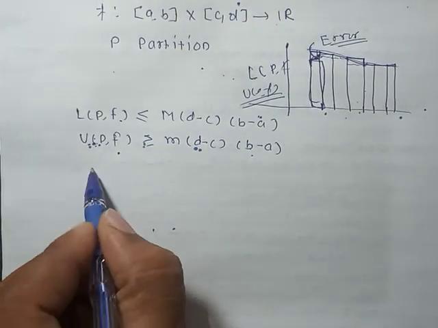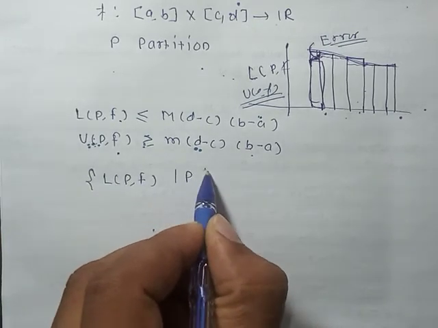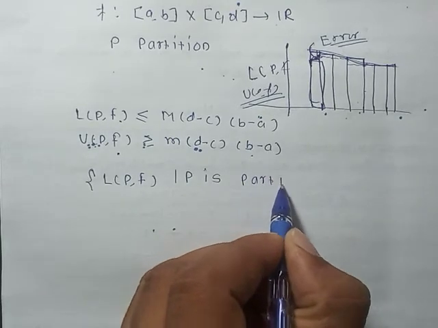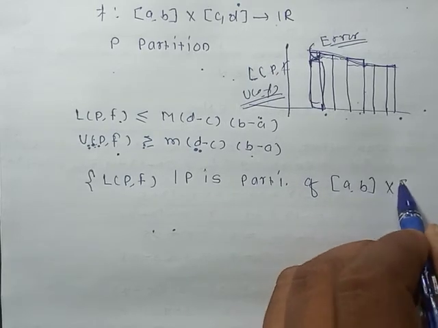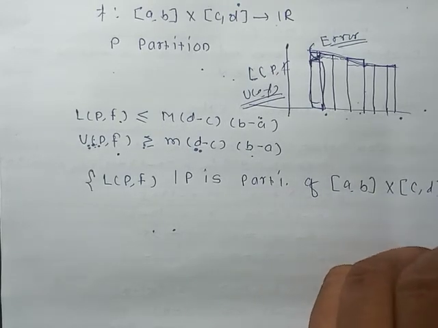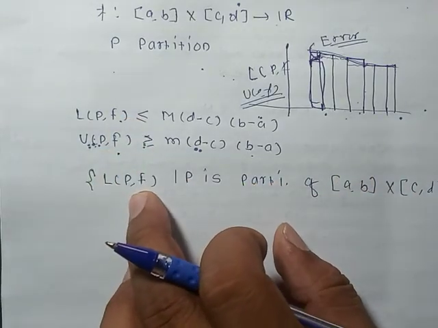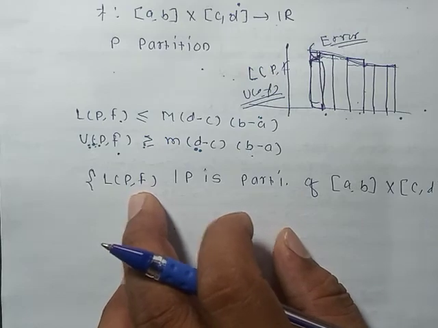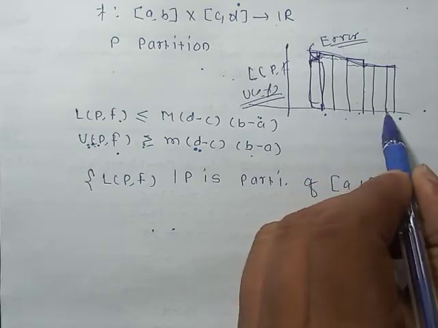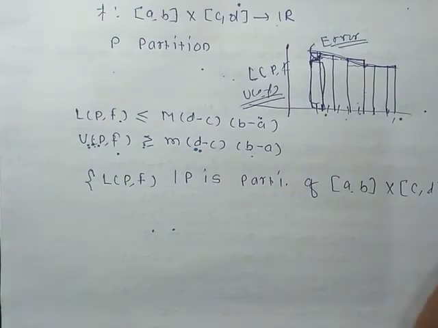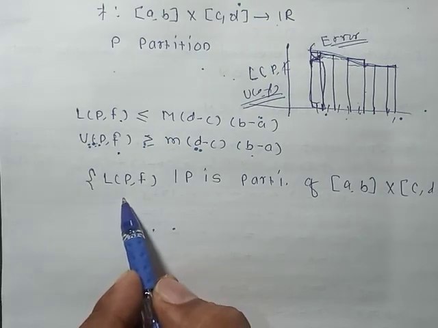So we can define a set of LPF such that P is a partition of this rectangle. If LPF is bounded, then this collection of all the lower sums is also bounded. By varying the partition, every time we get a different LPF and a different UPF.